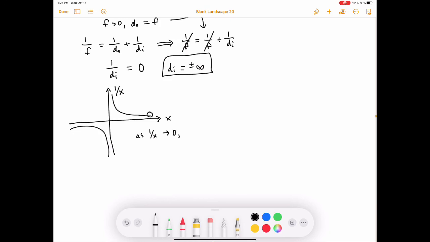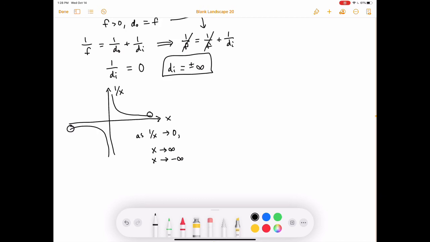You see 1 over x is going to 0 in the region where x is going to infinity. But that's also happening over here. 1 over x is going to 0 in the region where x is going to minus infinity. So the point is, if 1 over DI equals 0, that means DI could be positive or negative infinity.